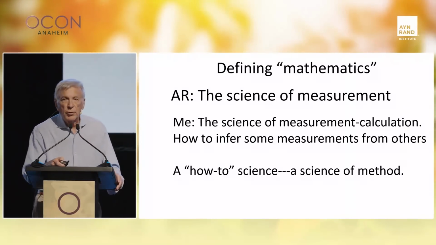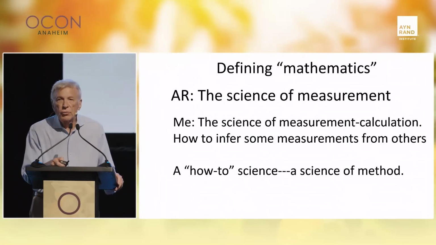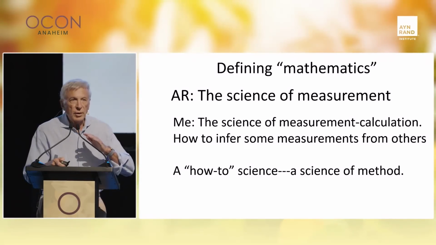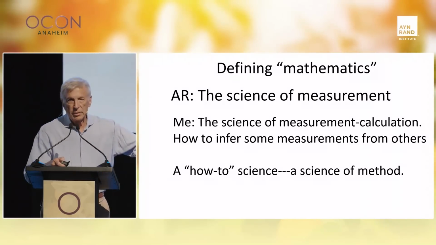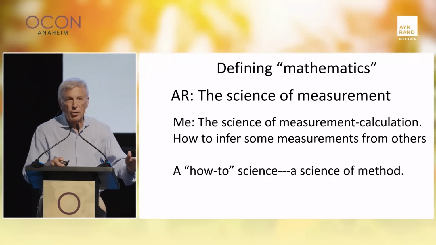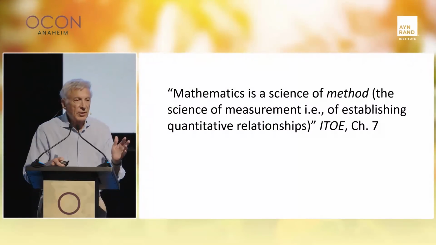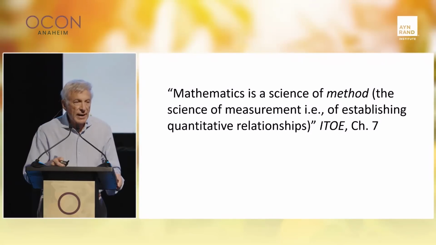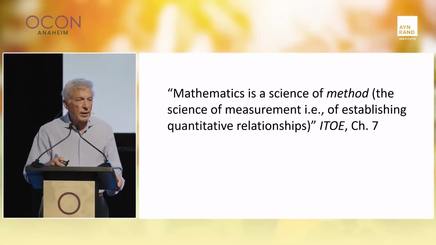The important thing for us is that it's a how-to science, which is the end of Plato here. If you want to know how to save math from Plato, remember that it's a science of method. And here's Ayn Rand saying that in ITOE chapter 7, quote, mathematics is a science of method, the science of measurement, i.e. of establishing quantitative relationships.